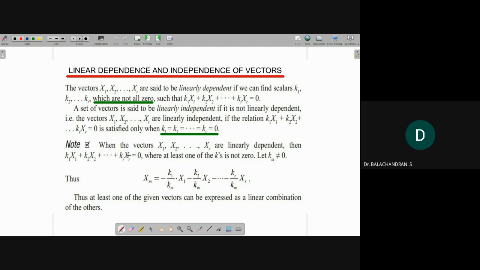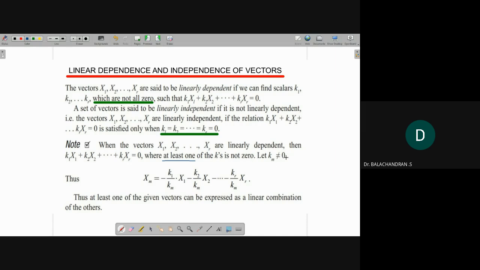So next, when the vectors x1, x2, xr are linearly dependent, then the linear combination is equal to 0, where at least one of the constants k is not 0.